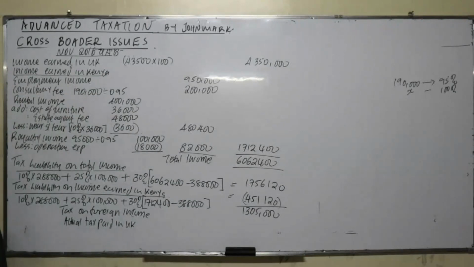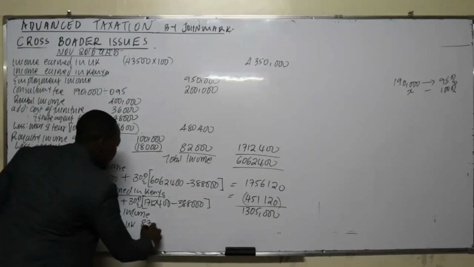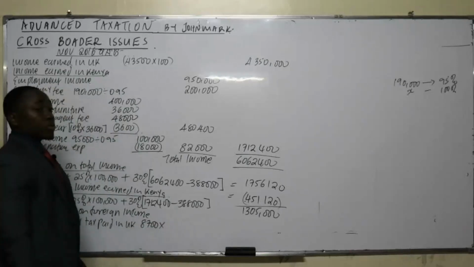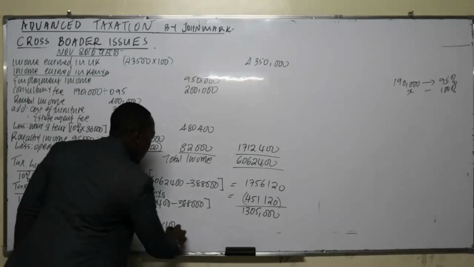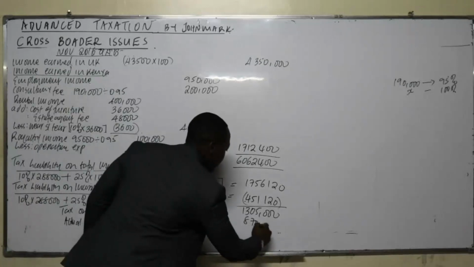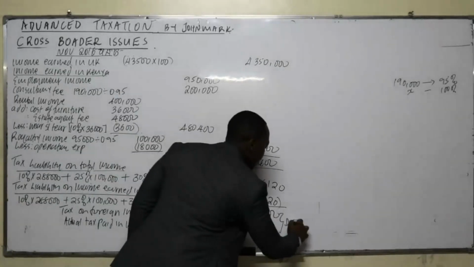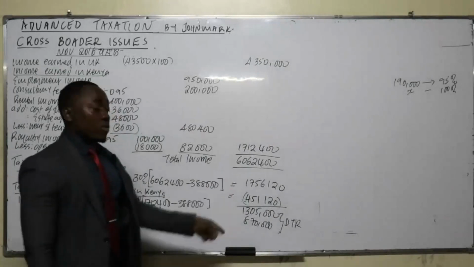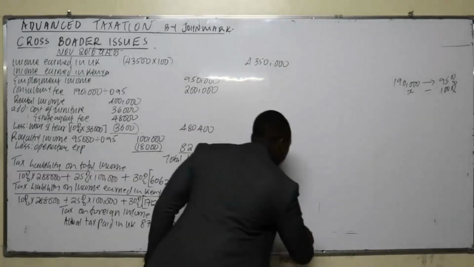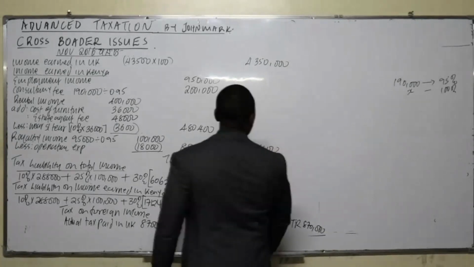Just read the first sentence. Paid deducted was equivalent to 8,700, right? But that was pound. You multiply by 100 to get Kenyan shillings, 870. So there is double tax relief, the lower of. So how much can you claim? Yeah, you only claim 870.